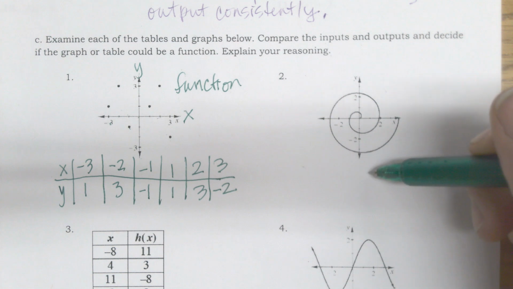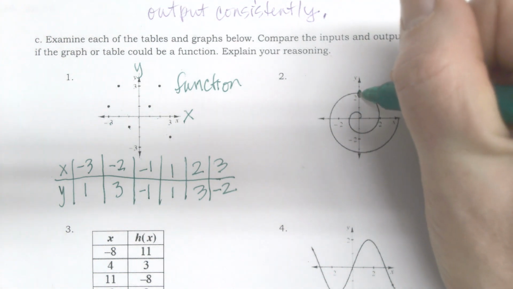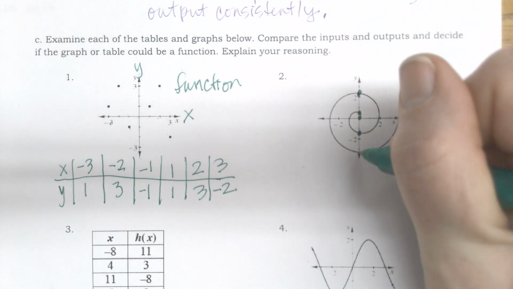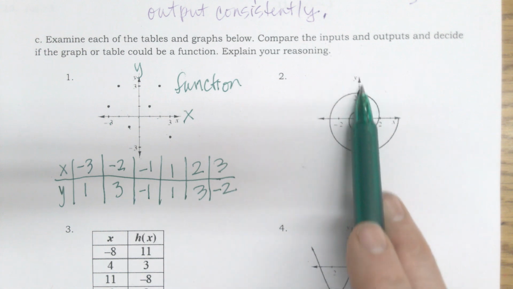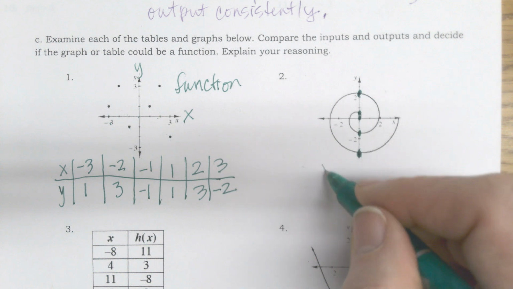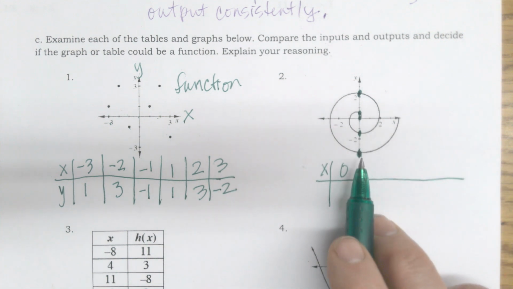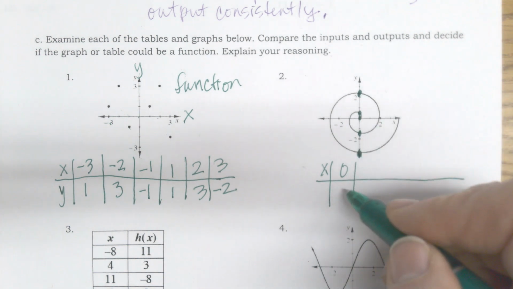Well, I can focus on one location, and in fact, I'll focus right here on the y-axis. On the y-axis, the y-intercepts are paired with x equals 0. In this particular graph, I have 0 paired with about 2 1/3.